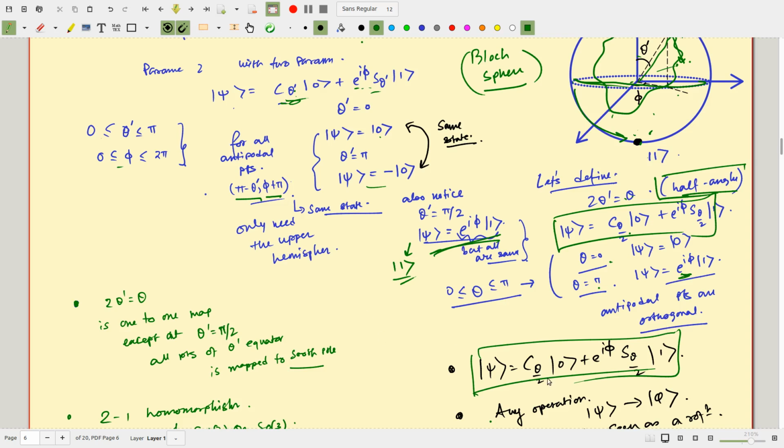It does not happen here, and that is because this is represented as theta by 2. So, 360 degrees is like 180 degrees. To return to the original state where you started from, you have to do a 720 degree rotation, and that is a special property of spin half or any half integer systems.